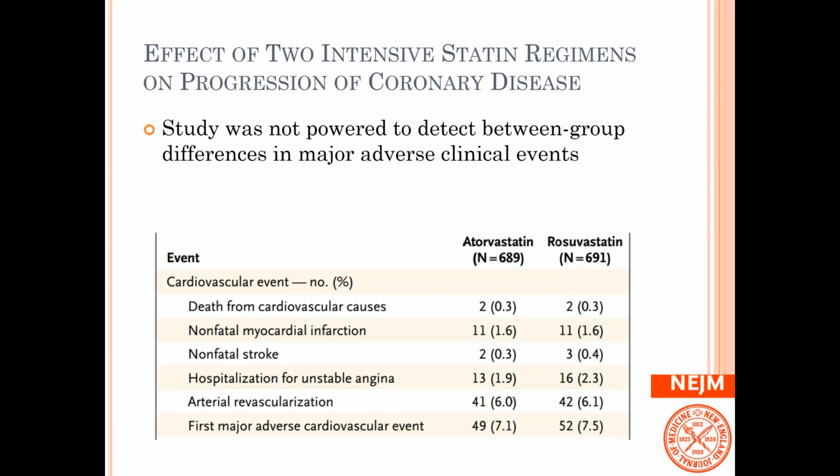Again, the study was not powered to detect major differences between the two subgroups in terms of adverse cardiovascular events. Essentially, there were no major differences between the two in terms of non-fatal MI, stroke, revascularization, etc.